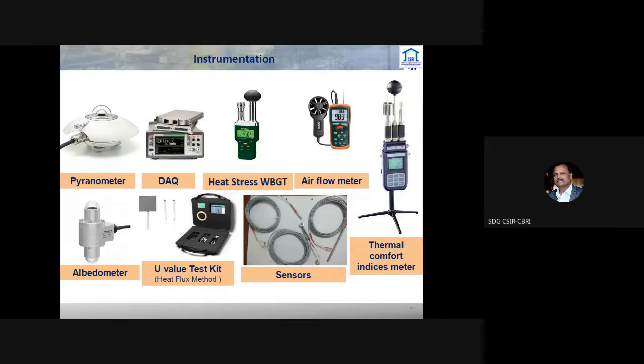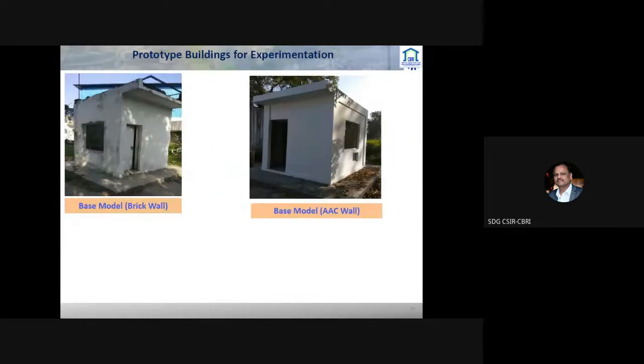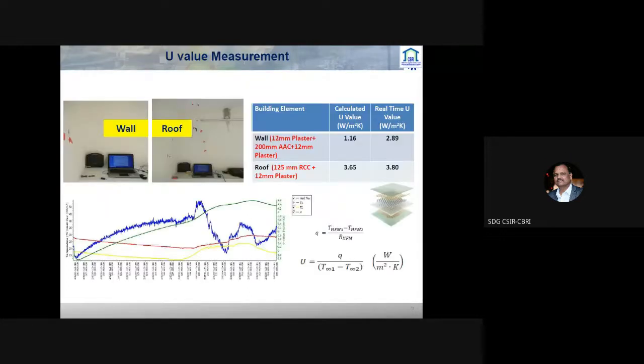For that, some models are available. With respect to real-time measurements, these equipments are required, through which we can find out. These are prototype models used for experimentation purposes only. One is done with the brick wall, another with the AAC wall, and the temperature monitoring is done with respect to the Tropical Summer Index.